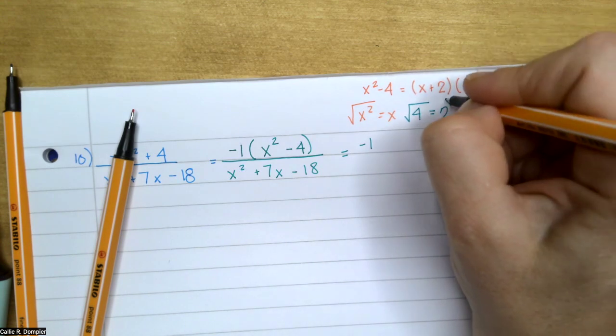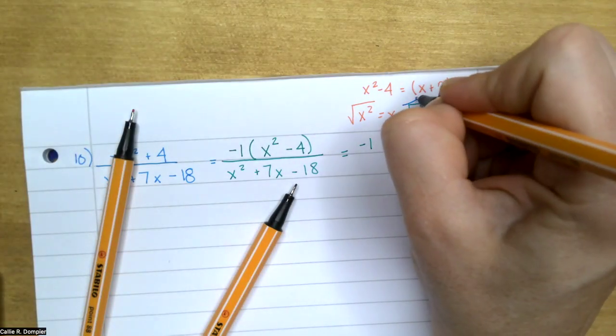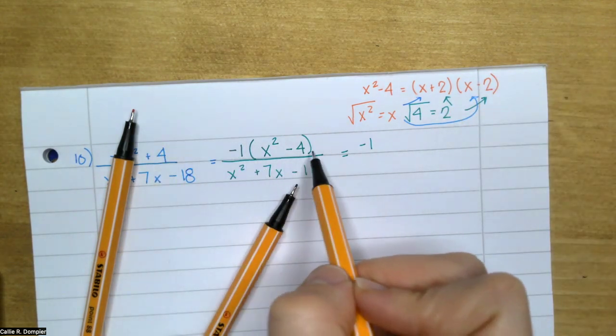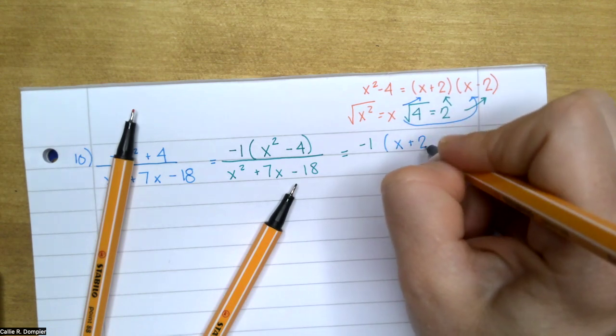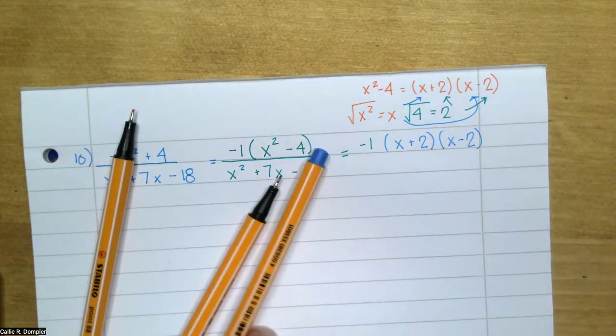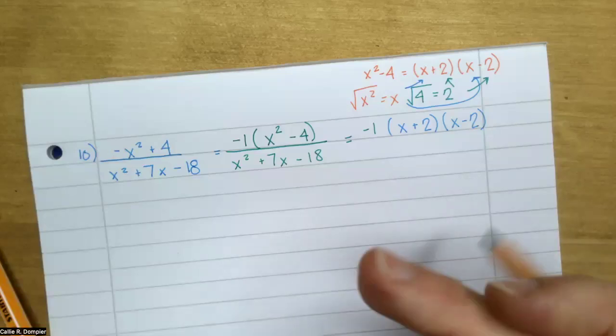Then we just put those in to the formula we've been working on since in previous assignments. Good. So x squared minus 4 is in fact x plus 2 times x minus 2. On the bottom, we have x squared plus 7x minus 18.